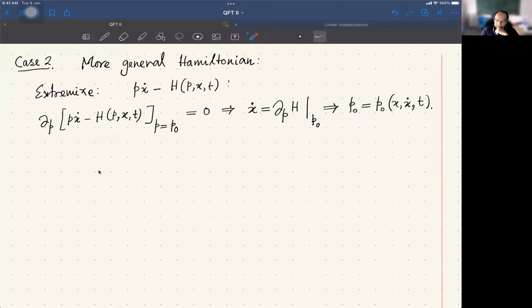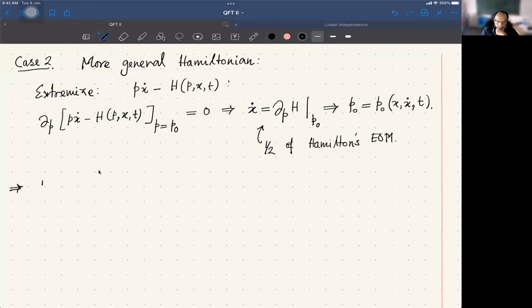Now this is nothing but half of Hamilton's equation of motion. We'll come back to it later, just in a while.